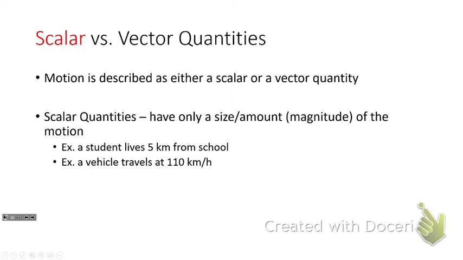So for example, we could say a student lives 5 kilometers from the school, or a vehicle travels at 110 kilometers per hour. It only tells us the magnitude, not the direction.